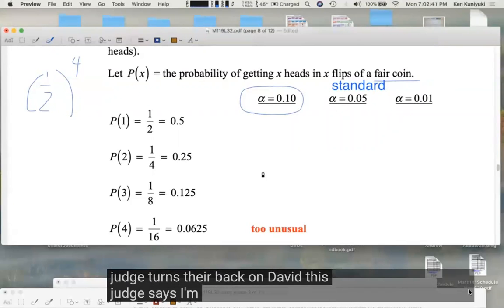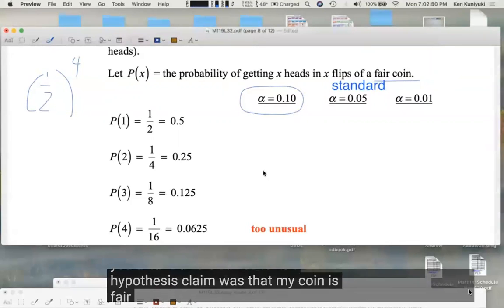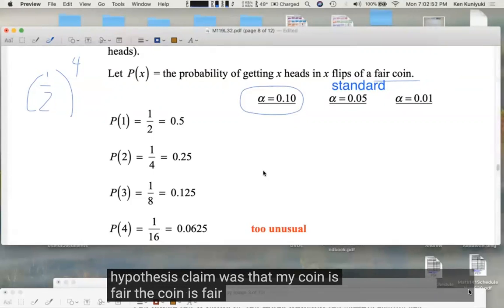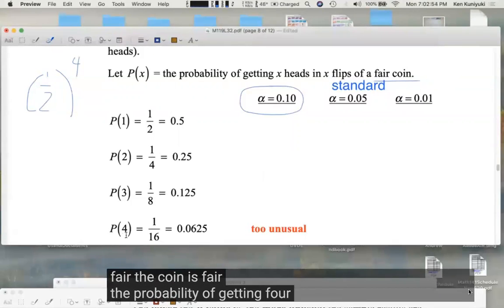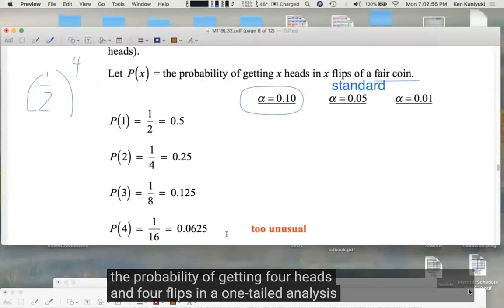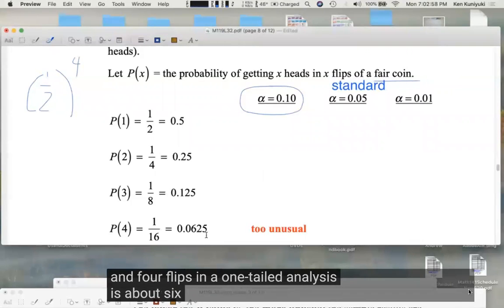This judge says, I'm sorry, David, I now call you a liar. David's null hypothesis claim was that my coin is fair. The probability of getting 4 heads in 4 flips in a one-tailed analysis is about 6%.